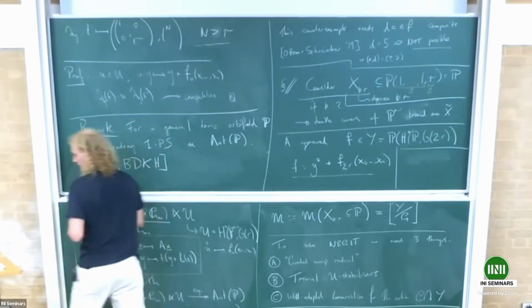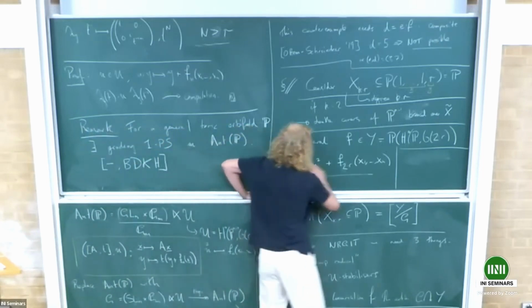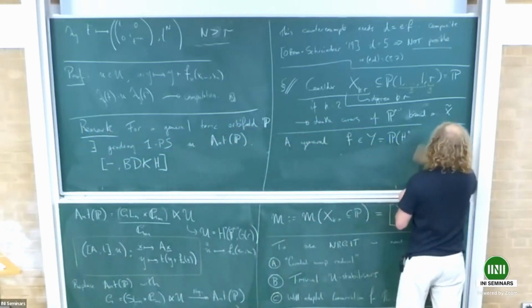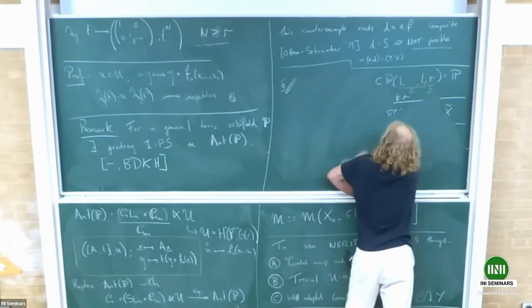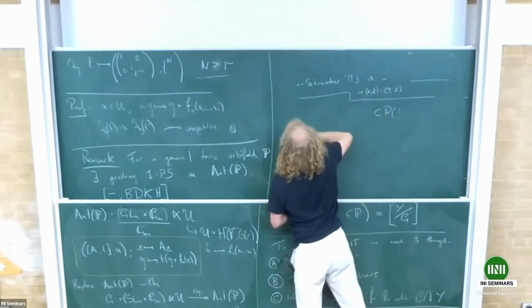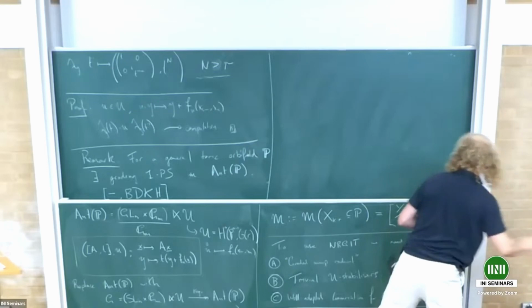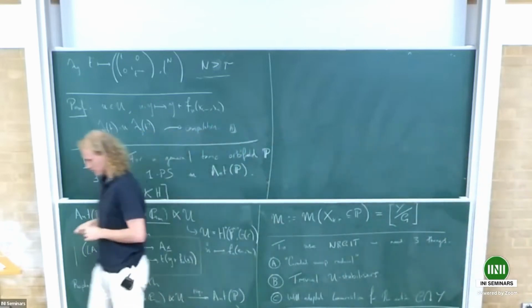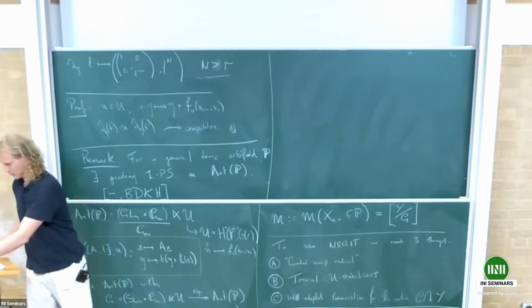What this means is that at least the first step of the non-reductive GIT program we can run on all toric varieties with at worst orbifold singularities. The rest of it gets slightly more complicated.